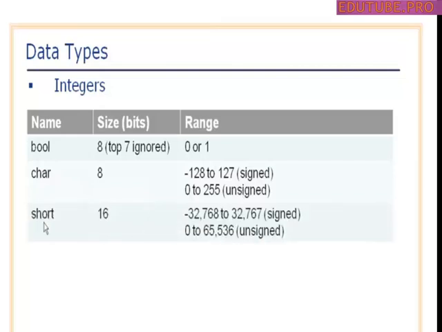So we could easily make that happen. Now notice with a short data type, this is 16 bits or 2 bytes. And notice the signed version of a short gives us from negative 32,768 to positive 32,767. And if we use that as an unsigned data type, then we can go 0 to 65,536.